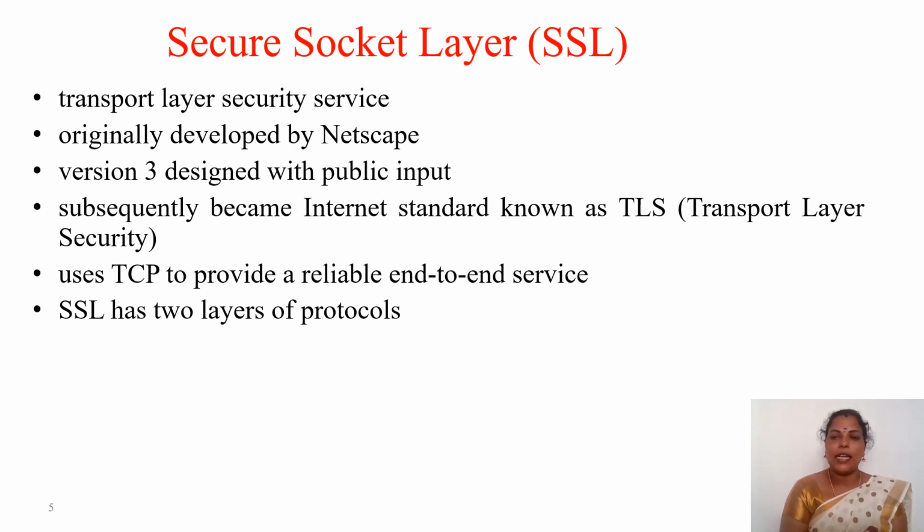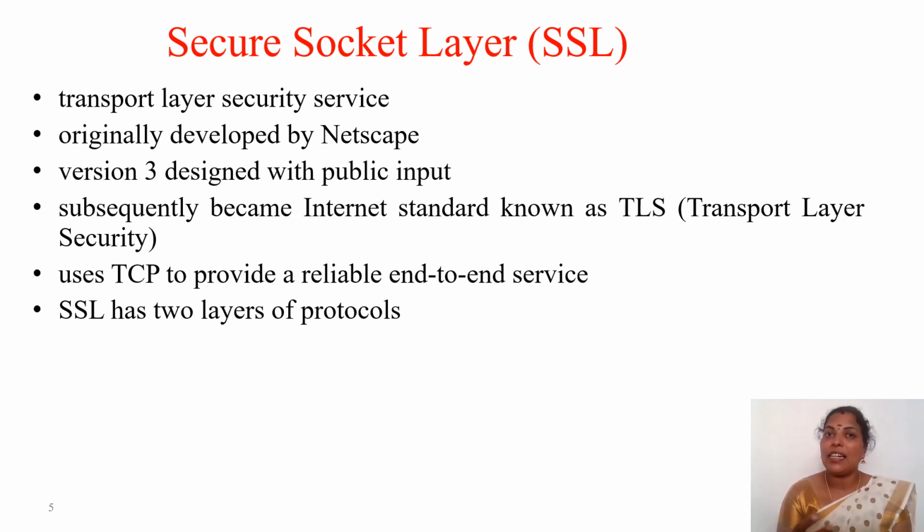So there we have seen SSL/TLS, secure socket layer and transport layer security. The standard developed for secure socket layer is called transport layer security. Nowadays, SSL is vulnerable to a huge number of attacks.